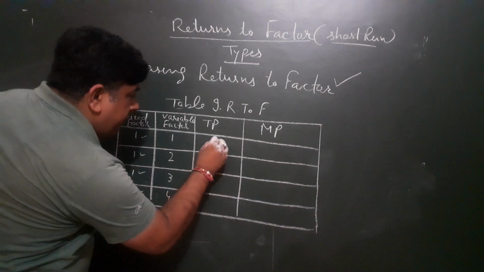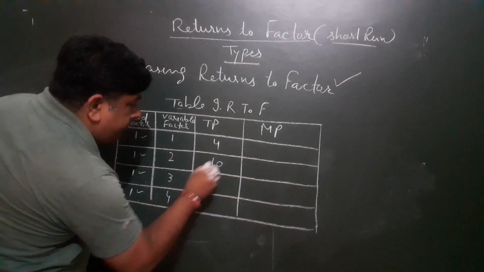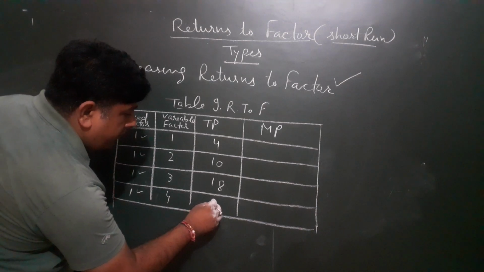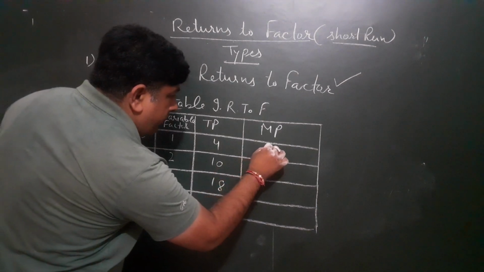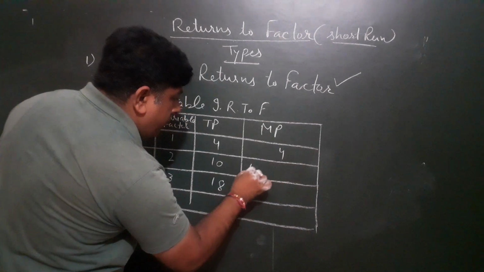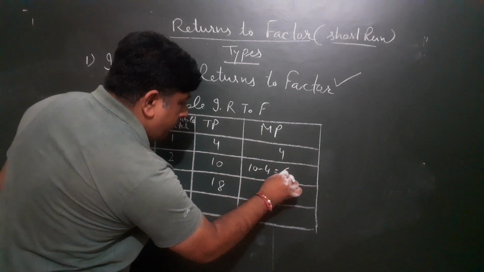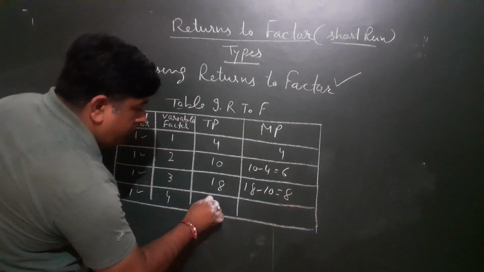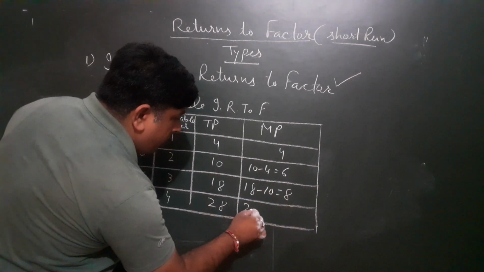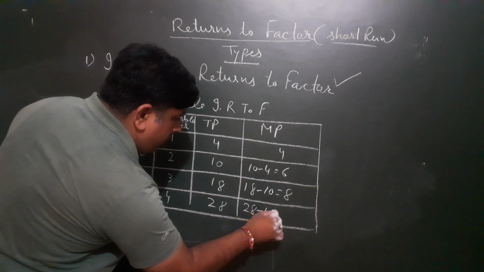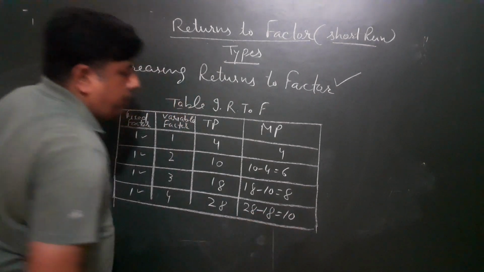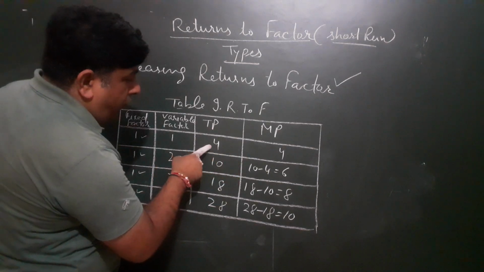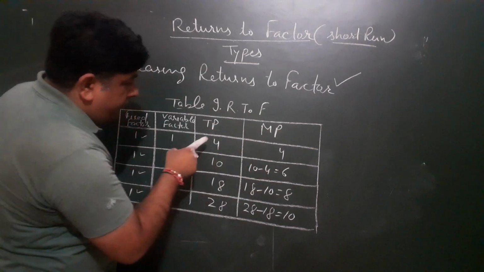For example, total production 4, then MP will be 4.